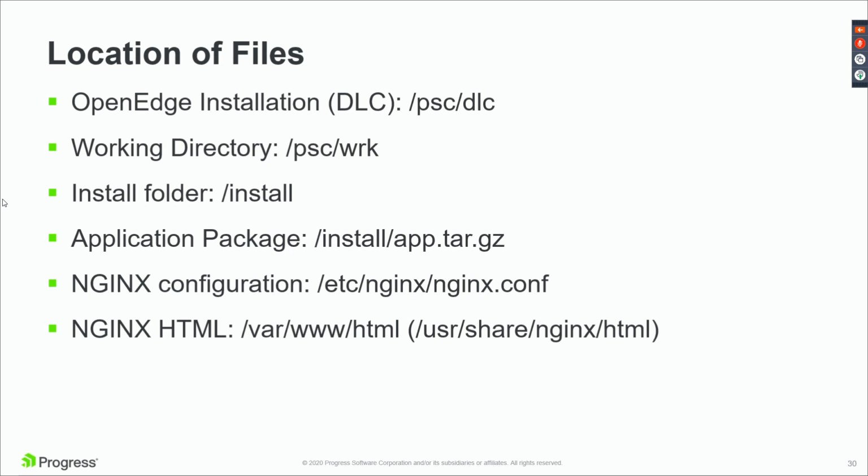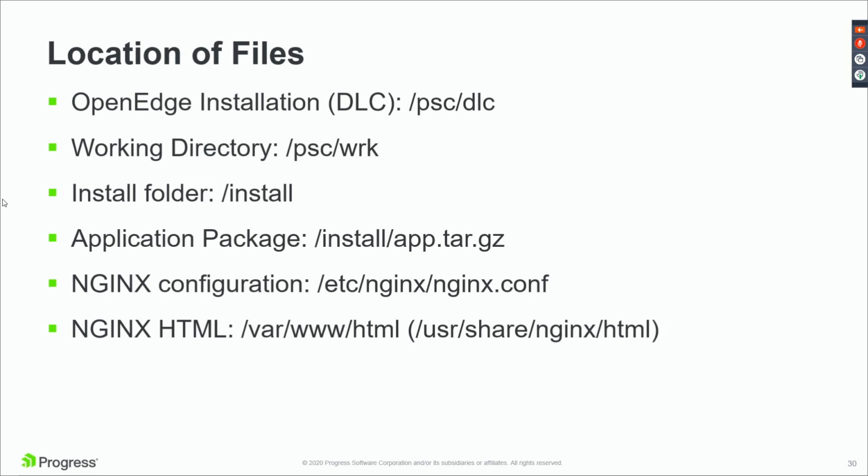And then there is a PSC work WRK folder for that configuration. The deployment packages, the idea is that they are copied into an install folder on each of these machines. And the application package that is installed, it's called just app.tar.gz, when it is copied onto the machine.